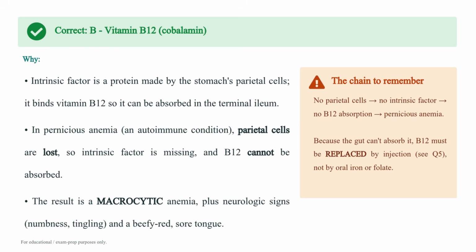The result is a macrocytic anemia plus neurologic signs like numbness and tingling and a beefy red sore tongue. Remember the chain: no parietal cells, no intrinsic factor, no B12 absorption, and therefore pernicious anemia. Because the gut can't absorb it, B12 has to be replaced by injection, not by oral iron or folate.